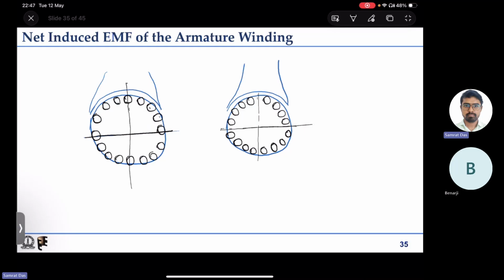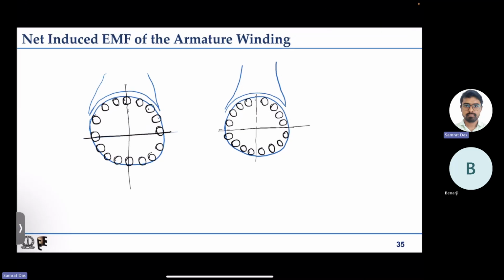In the first case, can you see how many coils are coming in series? Because the coils on the magnetic neutral axis are shorted, they are not coming in series. The coils which are on the top, 1, 2, 3, 4, 5, 6, 7, the 7 coils are coming in series, right?